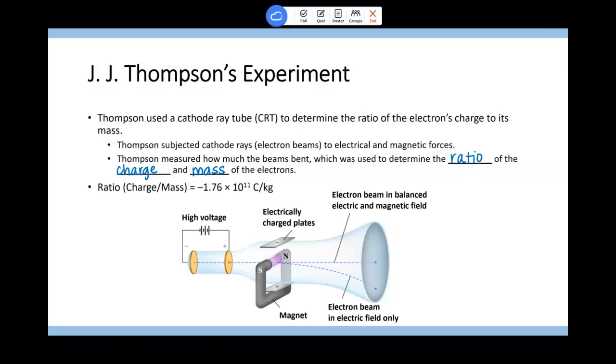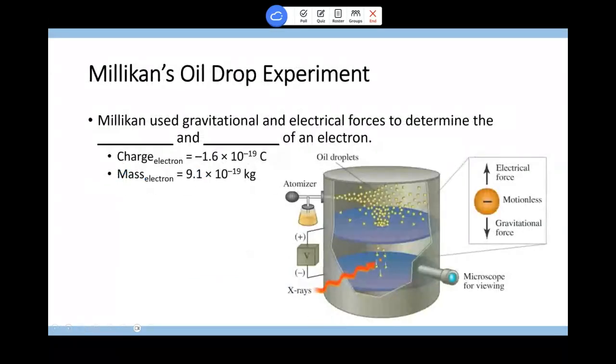The next experiment, we identified the charge and the mass of the electron. So in the oil drop experiment, oil droplets, using an atomizer, were put into this chamber, and then were able to fall into the lower chamber, and the speed at which they fell was used to calculate the mass.